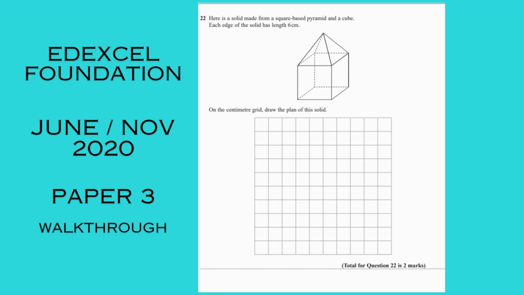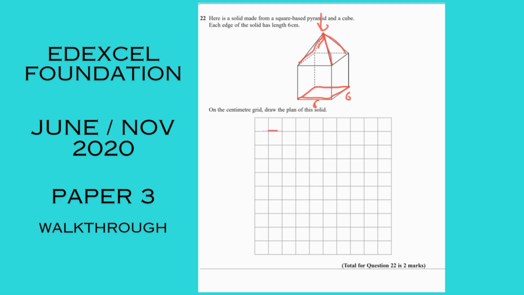Number 22. Indulge me for a second while I mess up technology. But basically, as you look down on it, because that's a plan view, all you're really going to see is a square outline with these lines being diagonally across it. And it's 6 by 6.